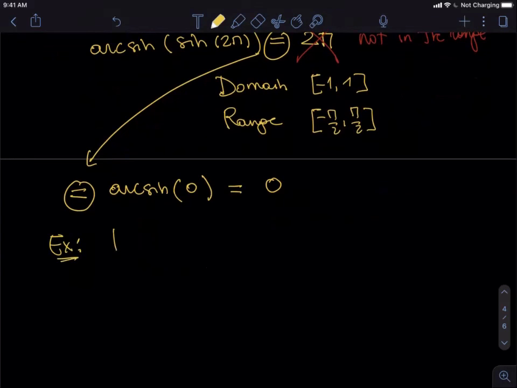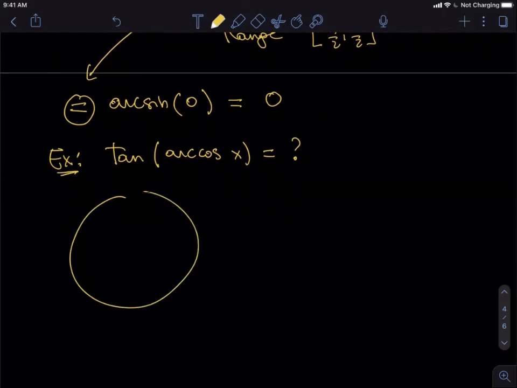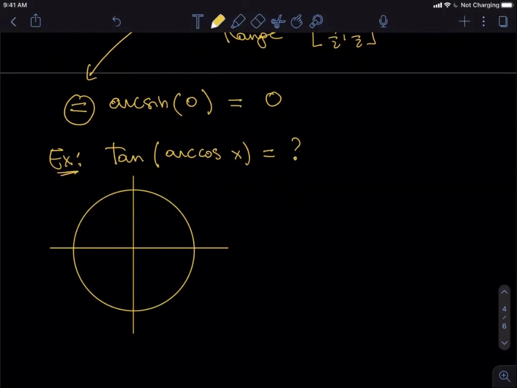example could be to simplify the tangent of the arccosine of x. Let's say, what is this going to be? For this, we need to look into the trigonometric circle. And say, well, if I have an angle, remember always the radius is equal to 1.